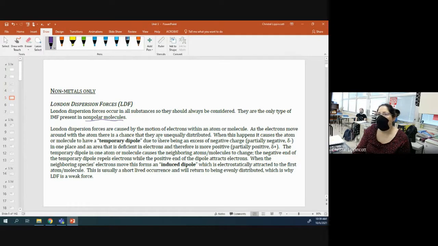Everything. London dispersion forces are caused by the motion of electrons in atoms or molecules. As the electrons move around the atom, there's a chance, just because of their movement, that you're going to end up with one side that has more electrons than the other. When that happens, that is called a temporary dipole.